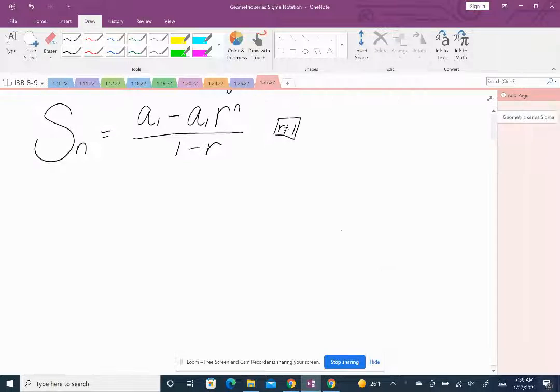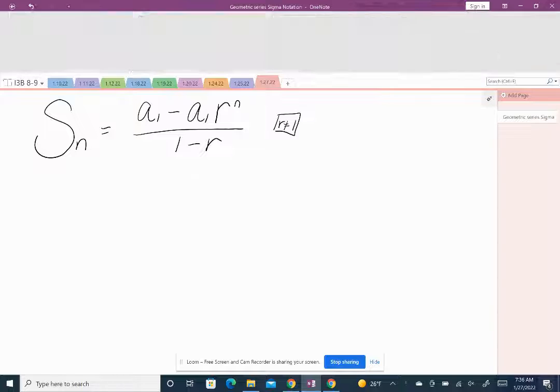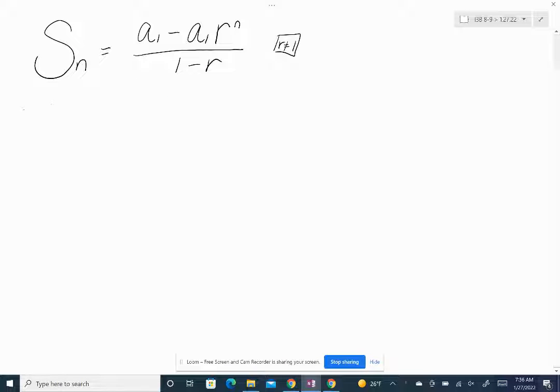So let's say we see the sigma, starting off in row 1, ending in row 7, and say our formula is 2 times 5 to the i minus 1. Okay, so we need to find our a of 1, which is going to be our first term.